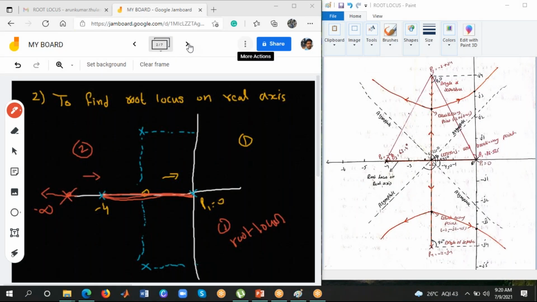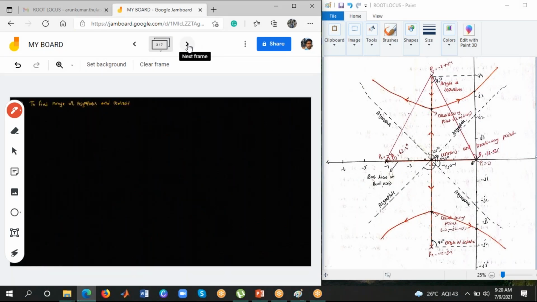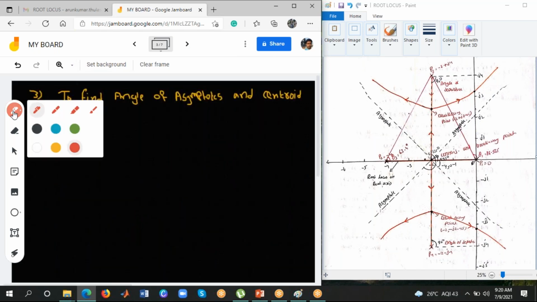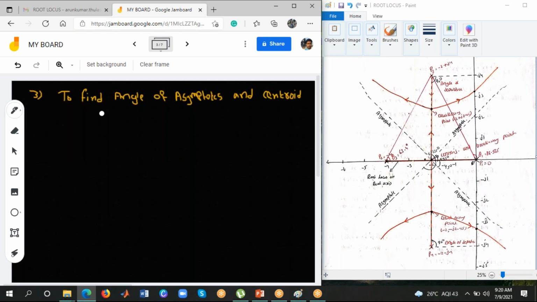Right. So the next step is to find the angle of asymptotes and centroid. First I am going to find the centroid.